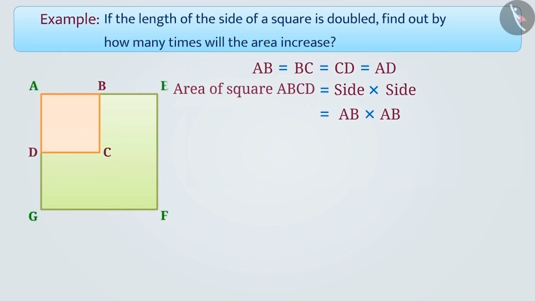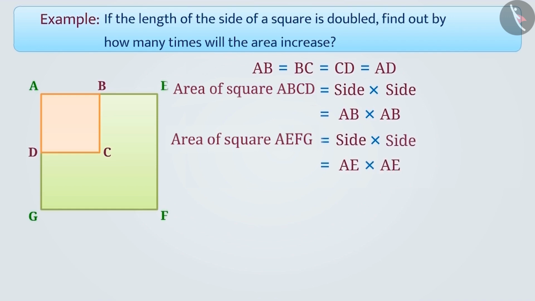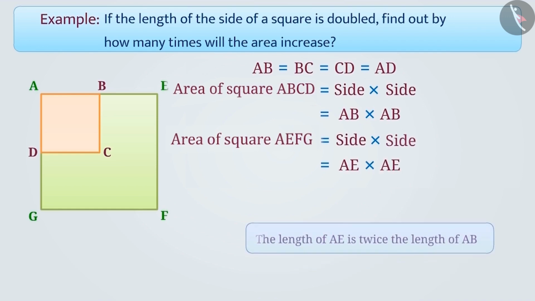The area of this new square will be side multiplied by side is equal to AE multiplied by AE. But we know that the length of AE is twice the length of AB. AE is equal to 2 multiplied by AB.